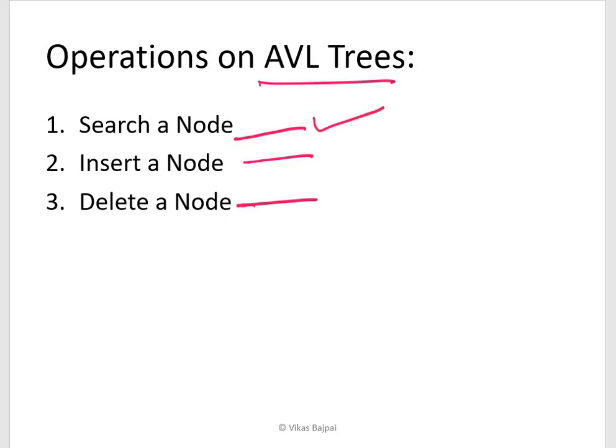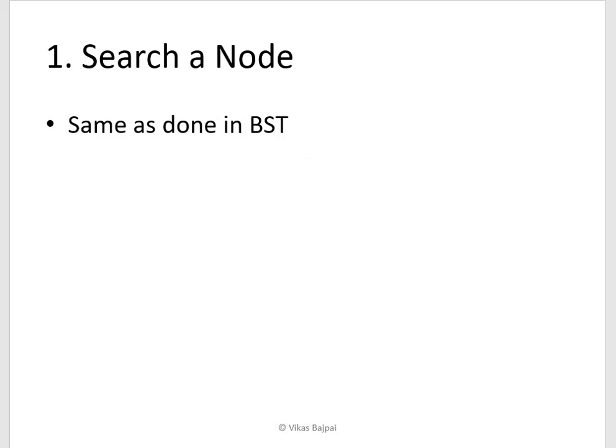Now search is almost similar, right? Search is almost similar to what we were doing in case of binary search tree. There we were taking a call on a simple binary kind of tree search operation.